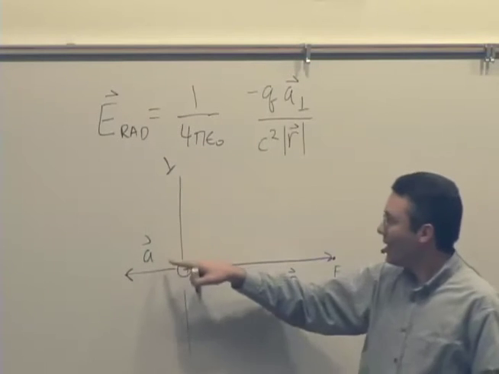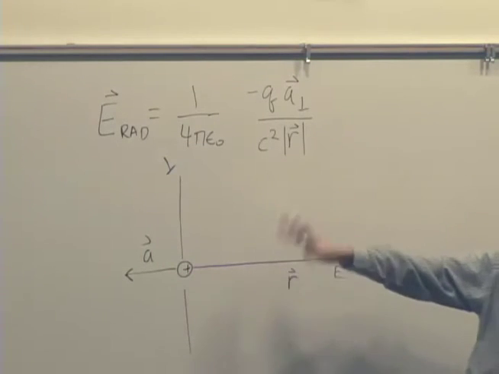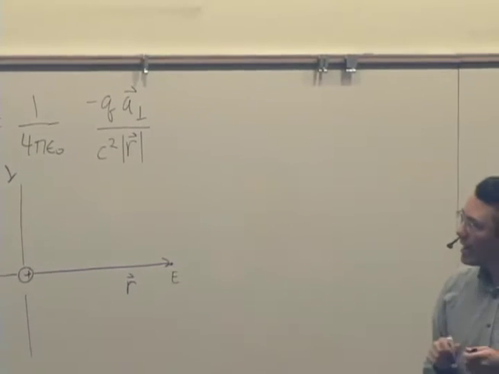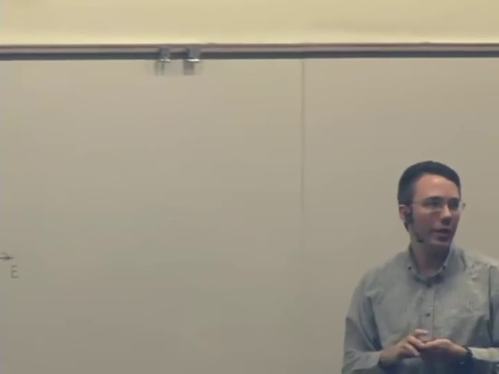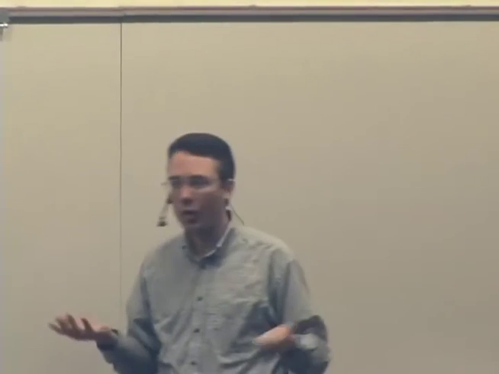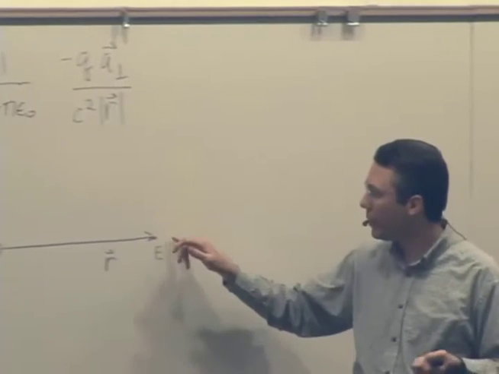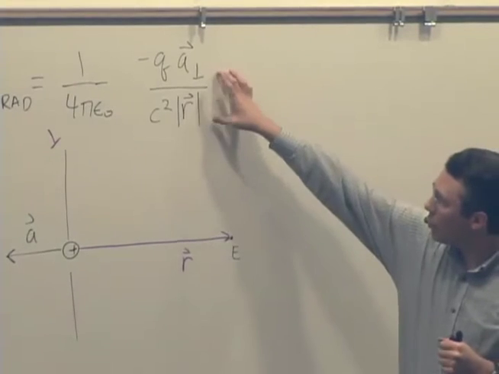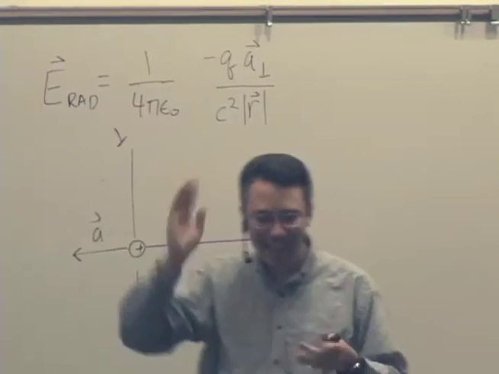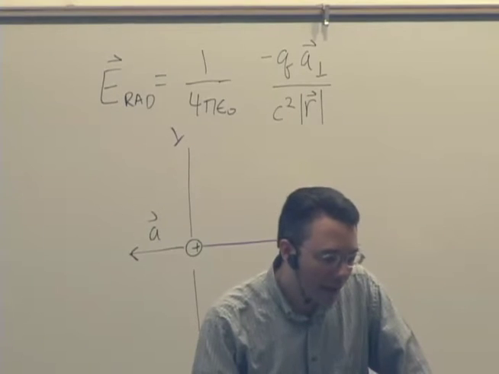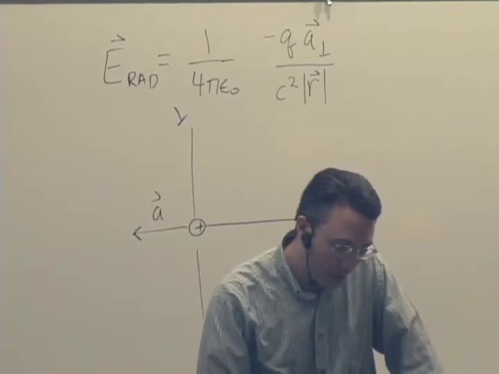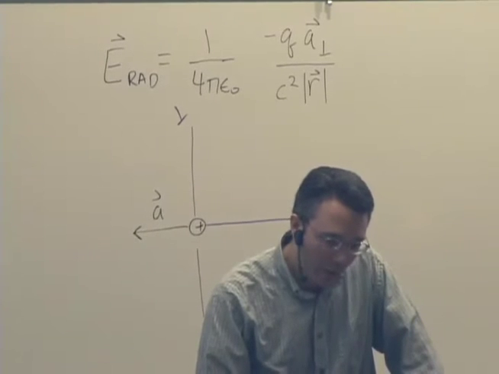There is no component of the acceleration along the perpendicular axis in that case, so you're not going to detect any radiative component to the electric field. You'll still have the Coulomb field, the 1 over 4 pi epsilon 0 q over r squared field due to the presence of the charge, but you won't see the radiative component, that kink in the field line from the demonstration last time. That only shows up when you're off the acceleration axis. No big problems there.